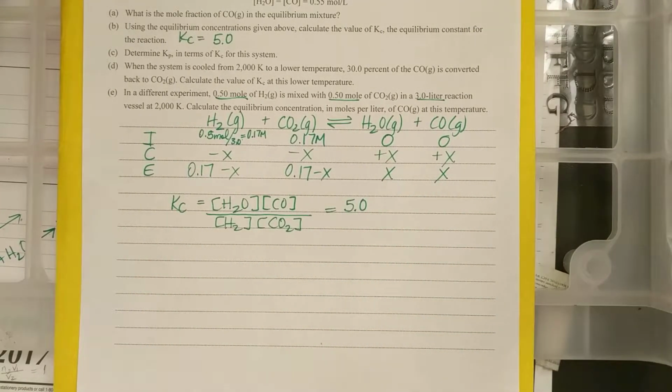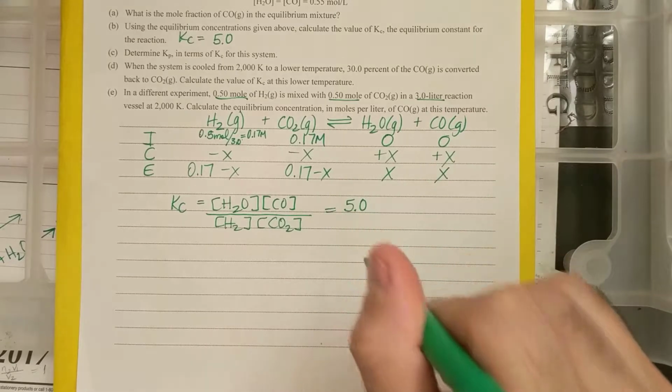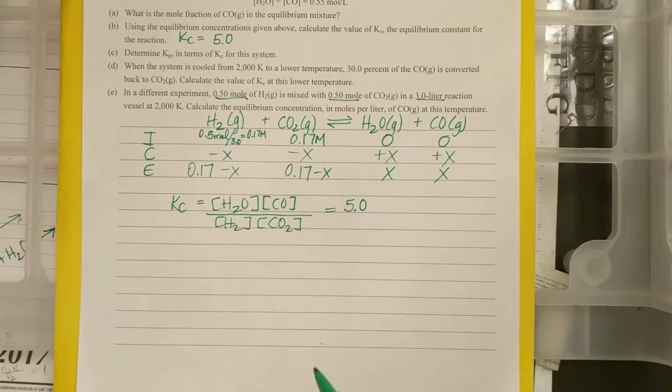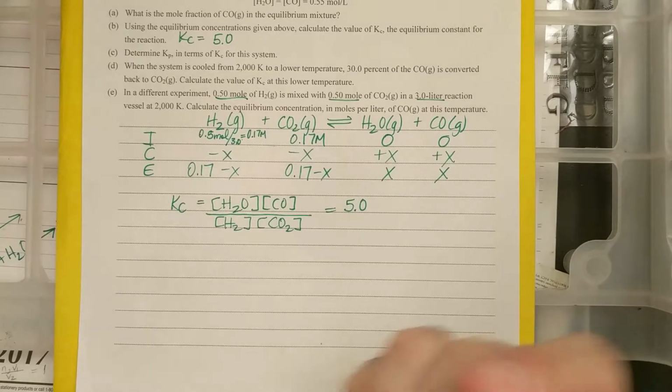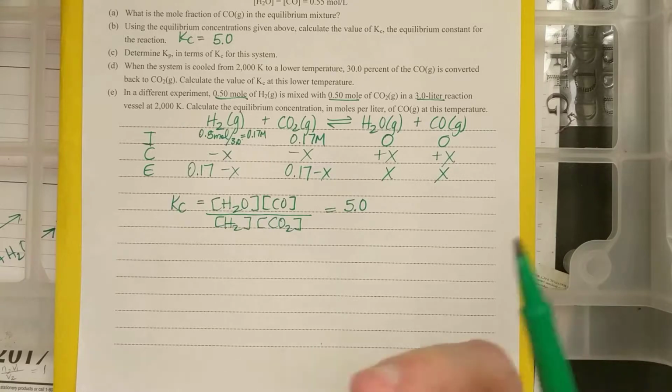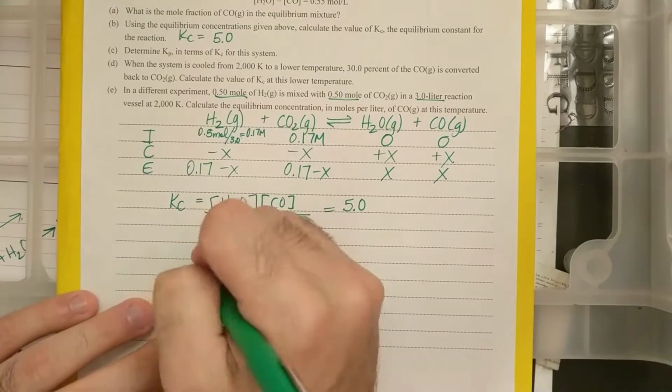Now we have a problem here because we cannot do the small x approximation, because my value of K is not small. When my value of K is 1 or greater, maybe even 0.1, I cannot use the small approximation, so I'm going to eventually have to use the quadratic.